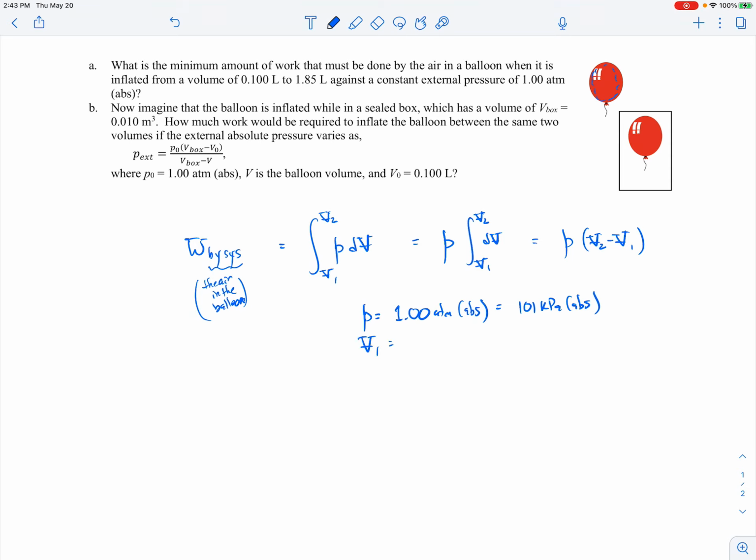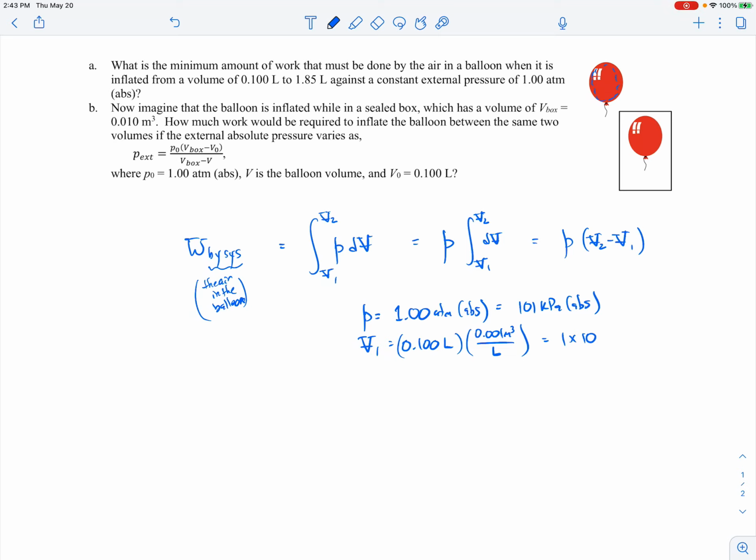V1 is 0.100 liters. Let me just show the conversion here. The conversion between liters and cubic meters, this is an easy one to figure out, is 0.001 cubic meter per liter, or 1,000 liters for 1 cubic meter.